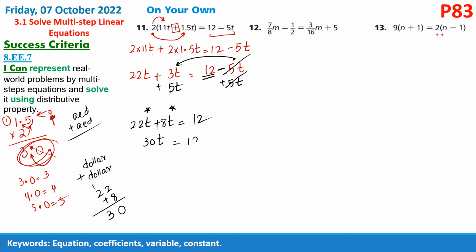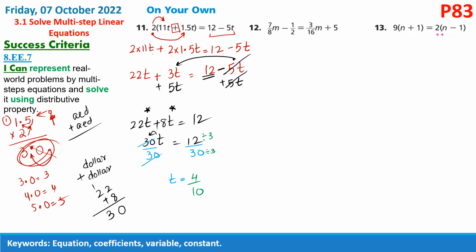this is 12. Divide. What is happening with 30? It is multiplying. So to finish this one, we divide here 30 and here also 30. Cancel, cancel. What we will get? 12 by 30. Now, they both go in the table of 3, right? 3 times 4, 12 and 3 times 10, 30.